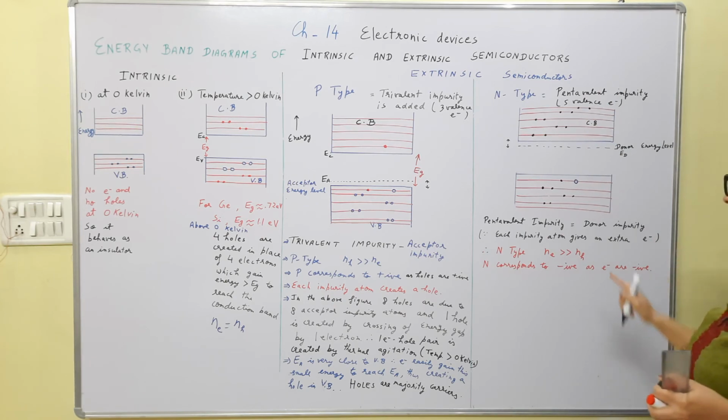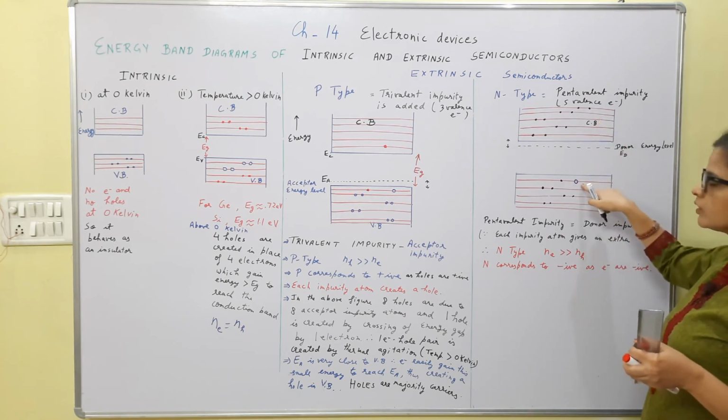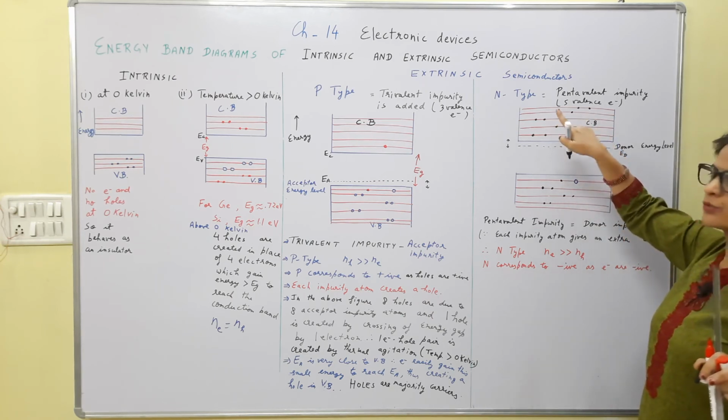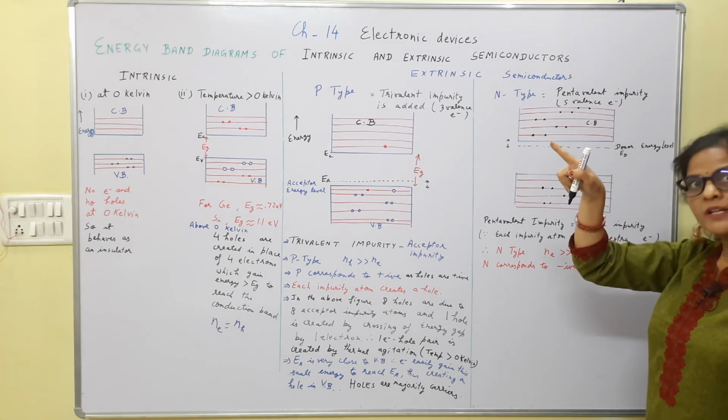So out of these 10 electrons, 1 electron hole pair is created by thermal agitation, but 9 electrons are due to the donor impurity.